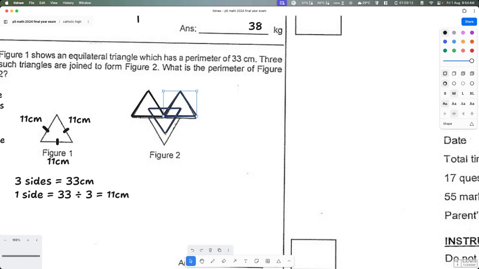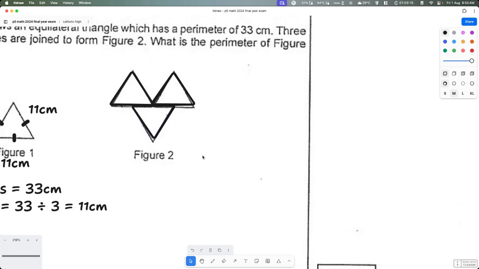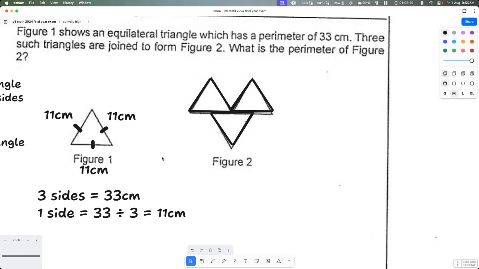We are concerned about the sides, because we already know we have this side. So we have 1, 2, 2 sides over here, and then 3. I'm going to draw this in a different color, blue. We have 3, we have 4 sides, and then we have 5, and then we have 6.